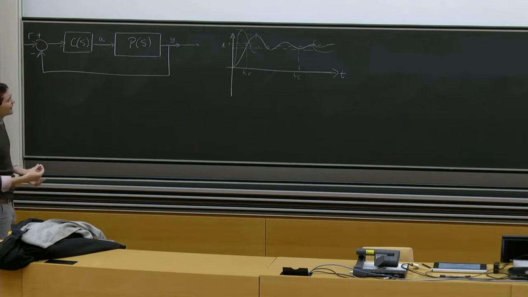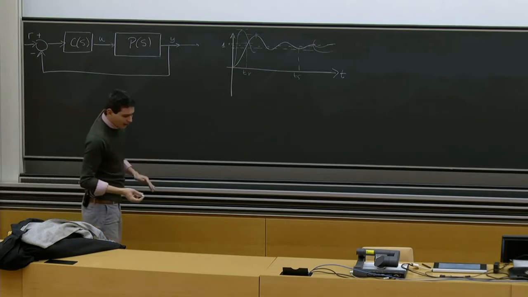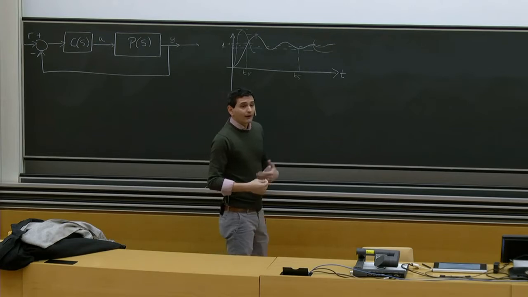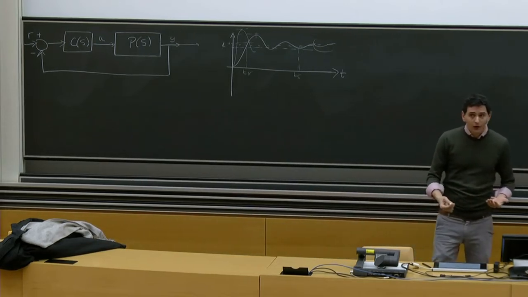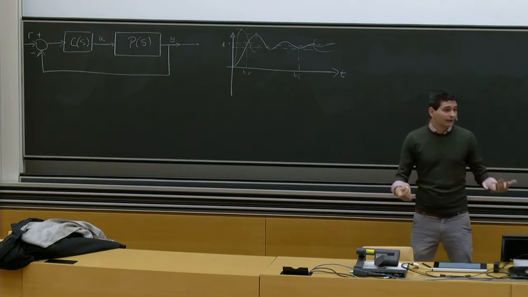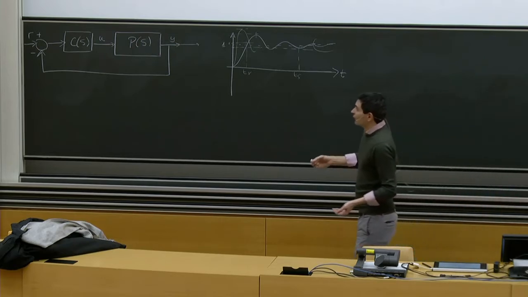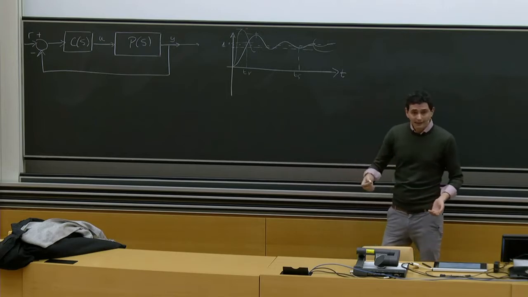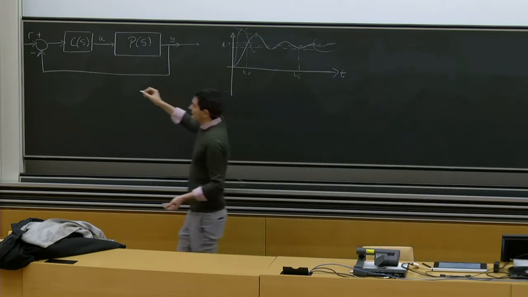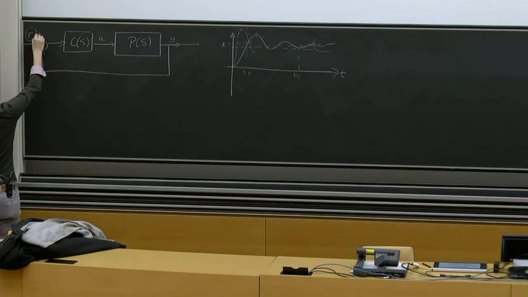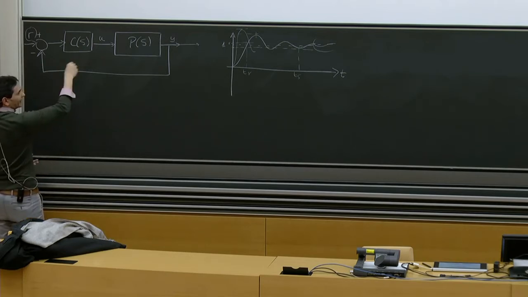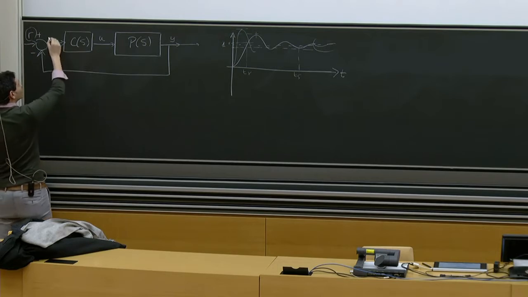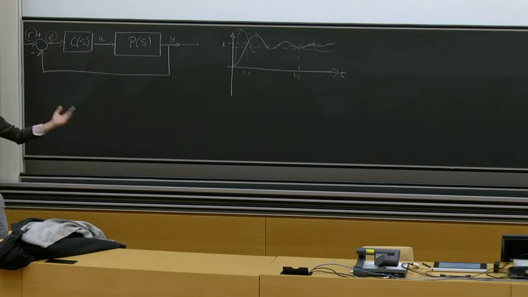But then other important things that we see very well in the frequency domain are, for example, the capacity of the system to track fast varying signals or to reject disturbances. So tracking fast varying signals meant, well, if I send a command, a reference signal in the closed loop, what will be the dynamics of the tracking error?